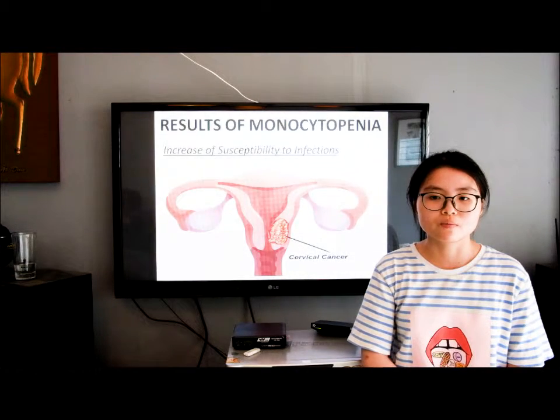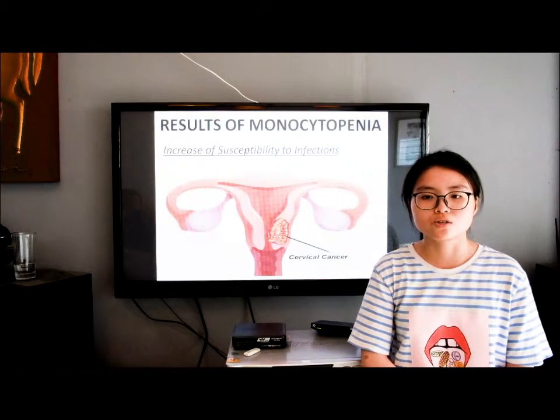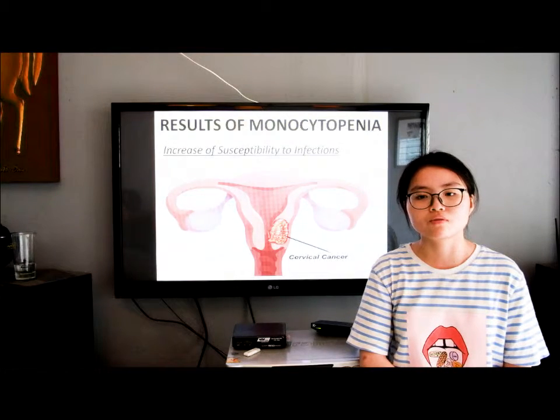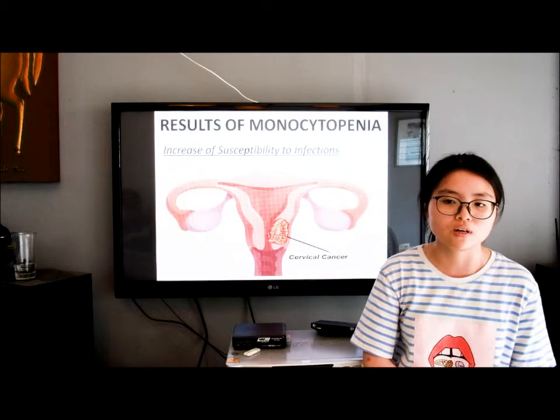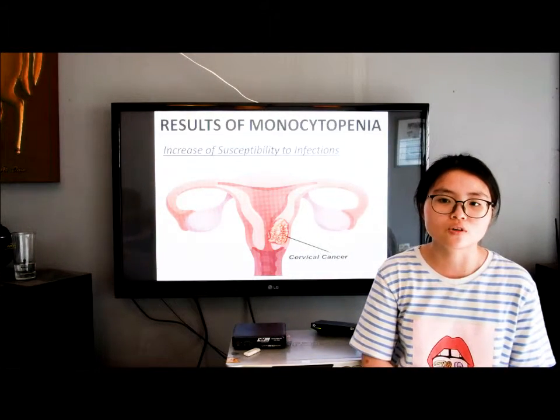Due to progressive monocytopenia, patients with primary immunodeficiency are susceptible to severe persistent human papillomavirus, or HPV, infections that can cause cervical cancer.